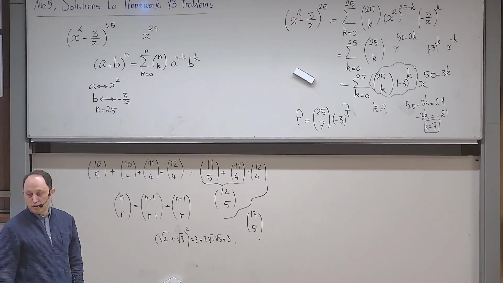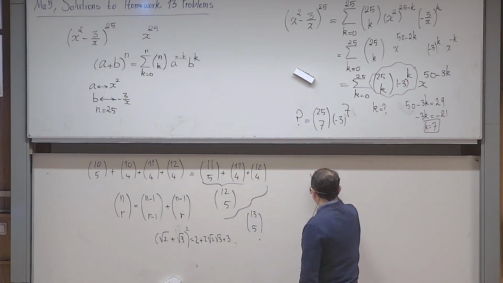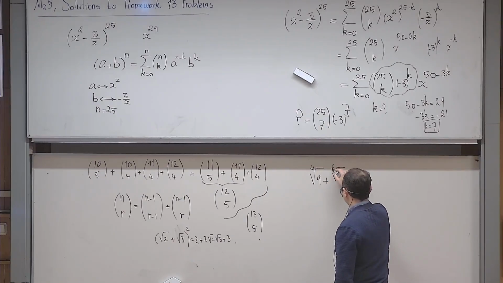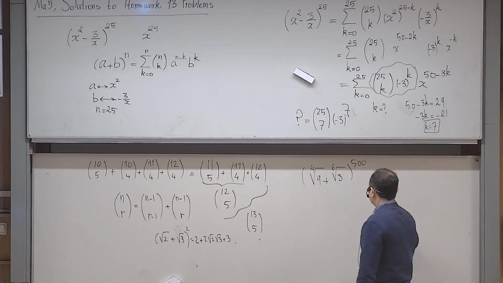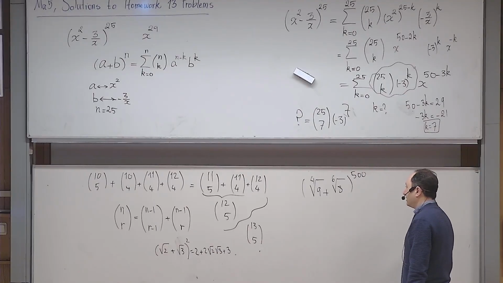So what is the question now? It is the fourth root of 9 plus the sixth root of 8, and the power is 500. If I sit down and expand, how many integer terms will I have?